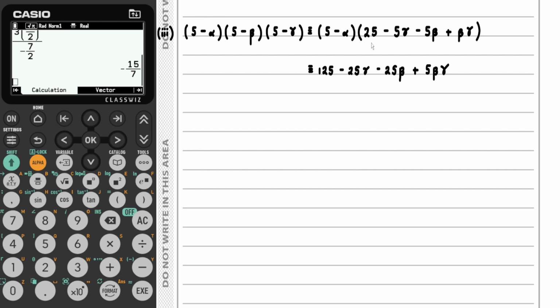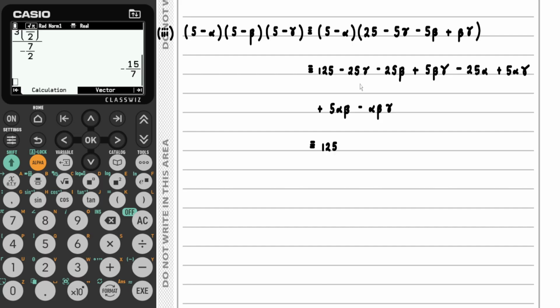Then we have negative alpha times 25, which is negative 25 alpha. Then negative alpha multiplied by negative 5 gamma is positive 5 alpha gamma. Then negative alpha multiplied by negative 5 beta is positive 5 alpha beta. And then negative alpha multiplied by beta gamma is negative alpha beta gamma.